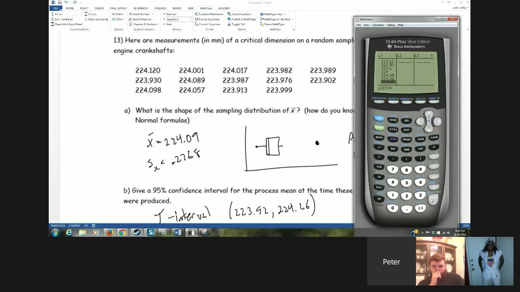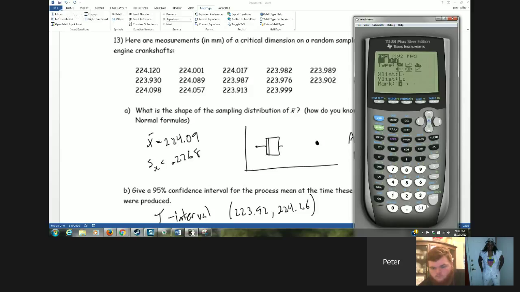So once you've got all the numbers typed into list 1, then to get it to do a box plot, you go up to stat plot. Mine is right now turned off for plot 1, so I'm going to turn it on, and you want to watch that none of your other plots are turned on. If anything else is turned on, just turn it off.